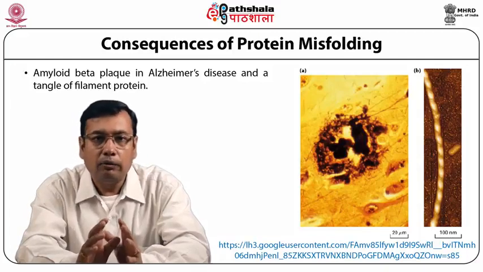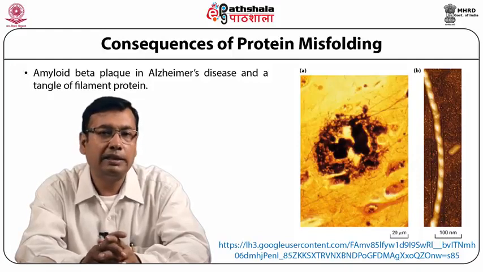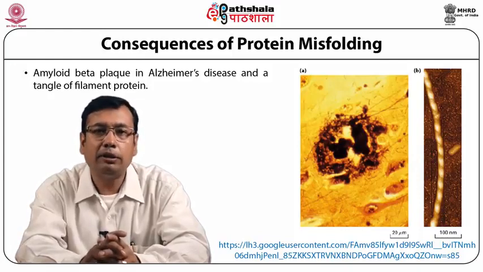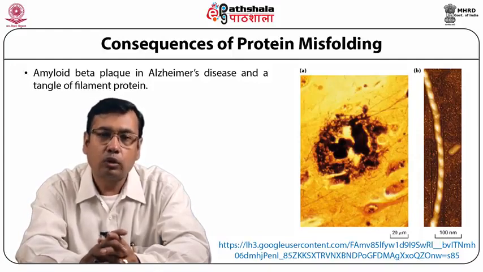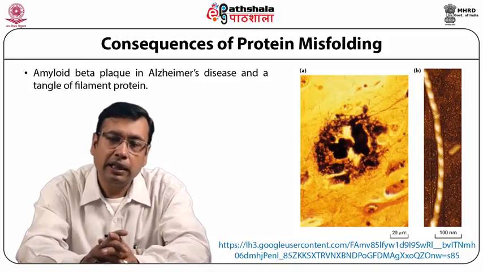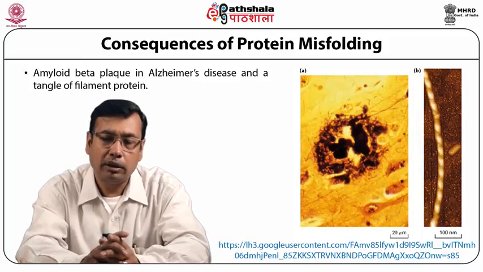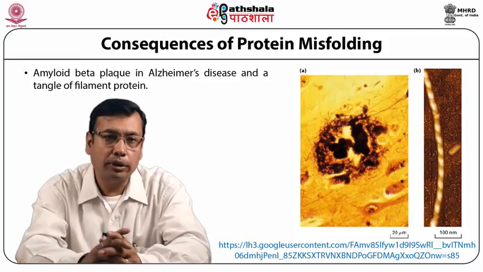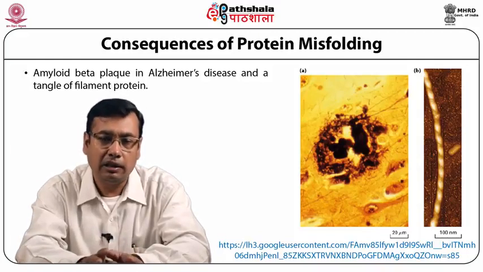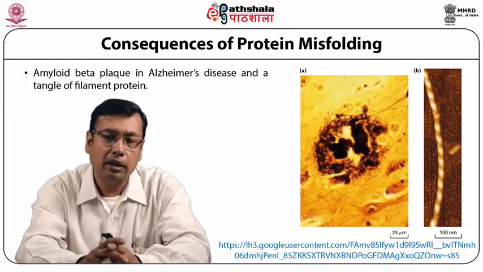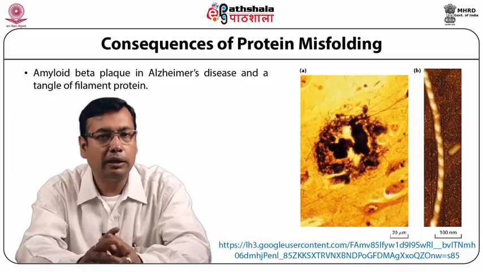We all know about the pathophysiology and progression of Alzheimer's disease, where amyloid beta is aggregated and making plaque. In every individual cell there is an A-beta monomer, which you can say is in the precursor form and is non-lethal; this monomer of A-beta is not doing any harm in the body.